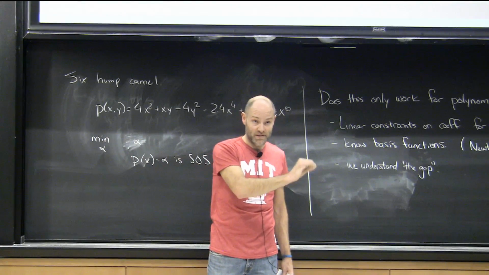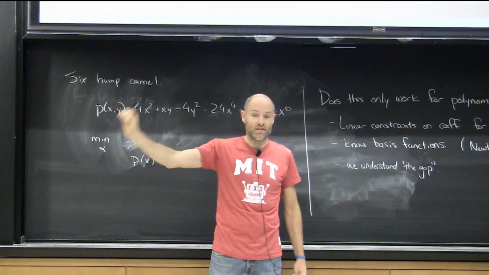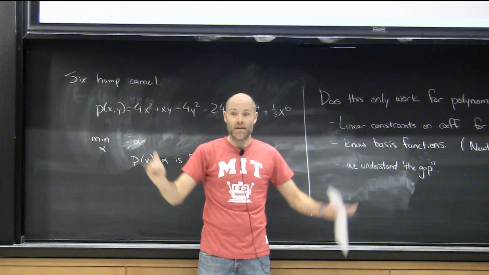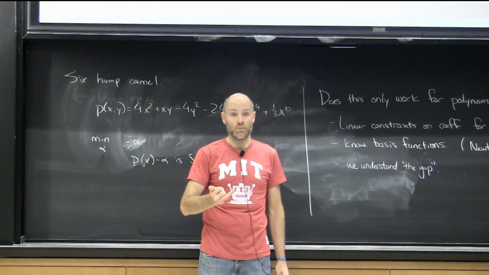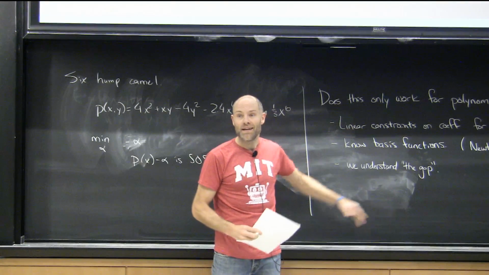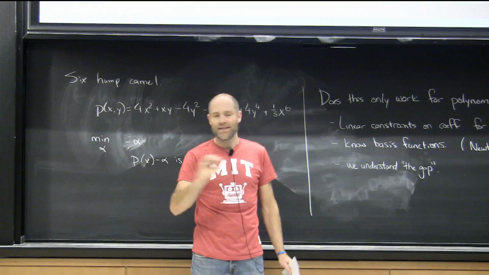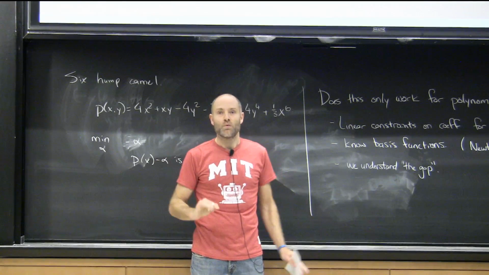It's not the case that every positive polynomial can be written as a sum of squares in this form. Okay, so there is a gap. If you're searching over the sums of squares polynomials, you're not quite searching over every polynomial. But we understand a lot about the gap, and it's small. For the purposes of this class, it's not a big deal. Basically, there's not a gap, but we know there's a gap.